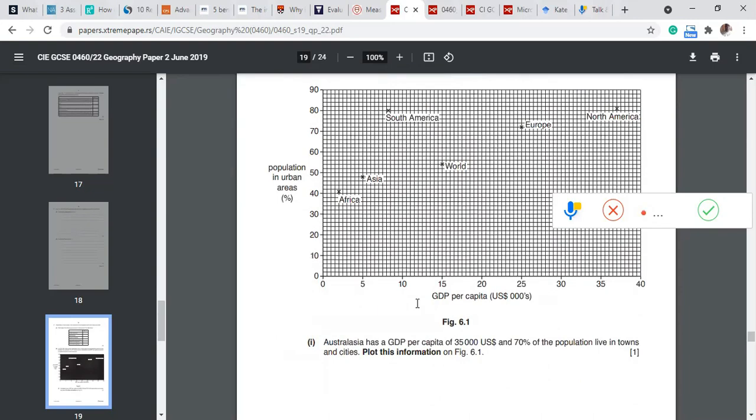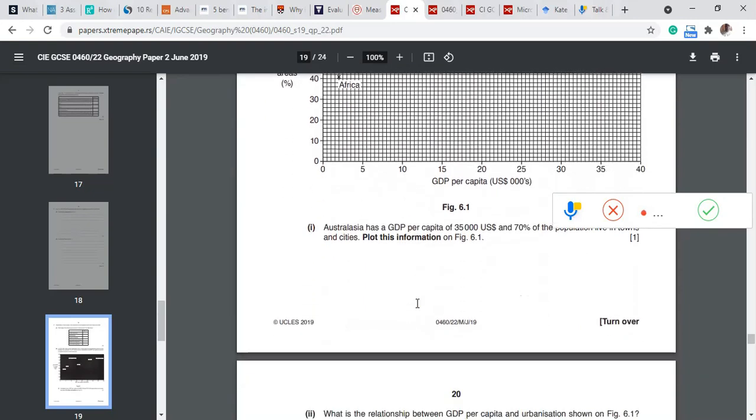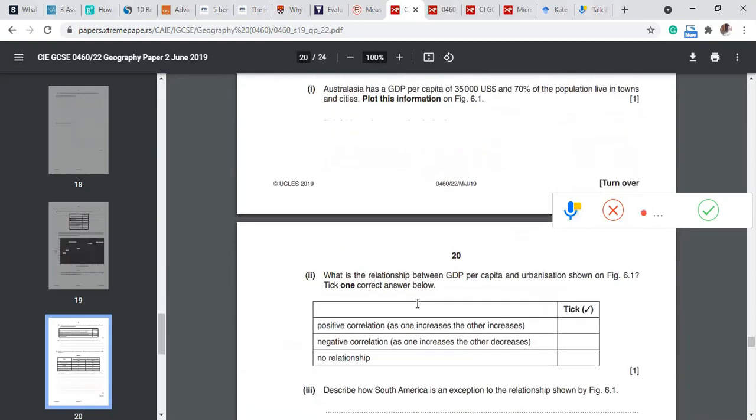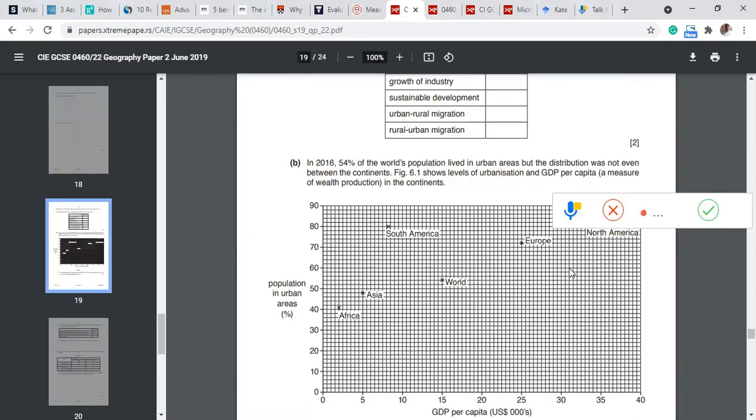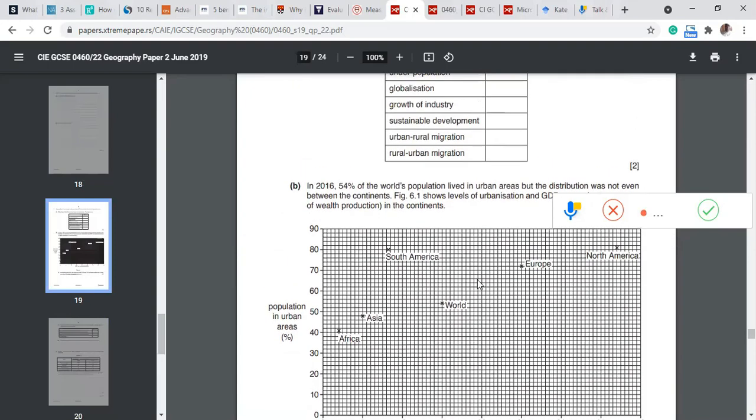Just plot it. I believe you can do that. If you can't do that, you need a knock in the head. So I believe you can do it. Everybody can do it. What is the relationship between GDP per capita and urbanization shown on figure 6.1? Now looking at this, if I'm to draw a line of best fit, how will I draw it?